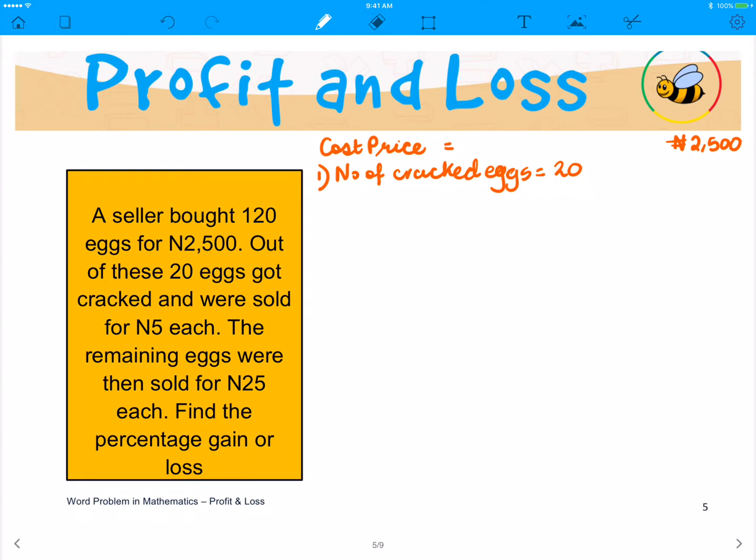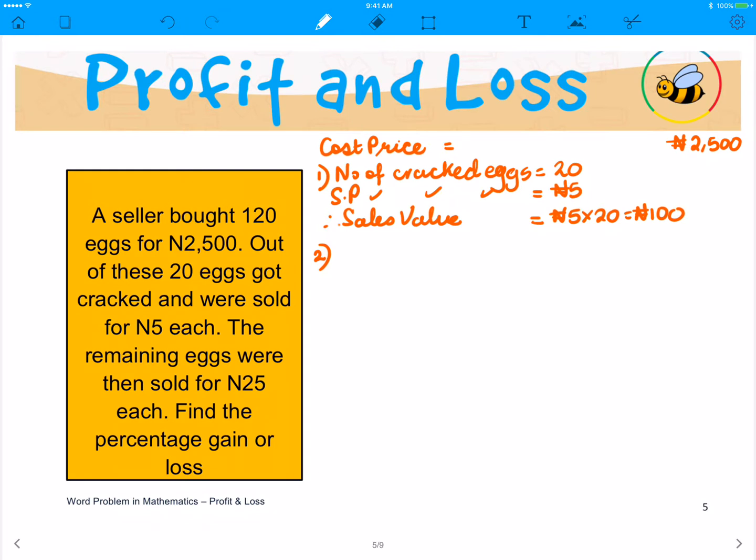So the number of cracked eggs is equal to 20. We are also told that the selling price of the cracked eggs per unit is 5 naira, meaning that we can calculate the sales value, the sales proceeds of these eggs as 5 naira times 20, which is equal to 100 naira. First thing we are told, and first thing we have been able to deduce.